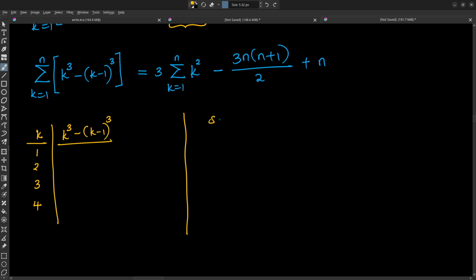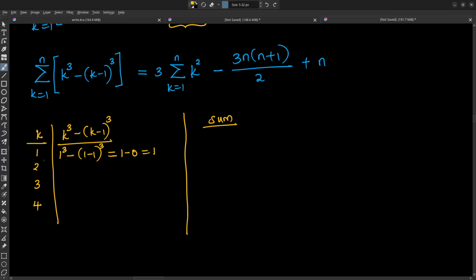So we are just going to have the sum of the first n terms. Okay, let's start with the expression. So when k is 1, this expression becomes 1 cubed minus 1 minus 1 to the power of 3. So 1 cubed is 1, minus 1 minus 1 is 0, 0 cubed is 0. So this becomes 1. So this is the value of the expression when k is 1.